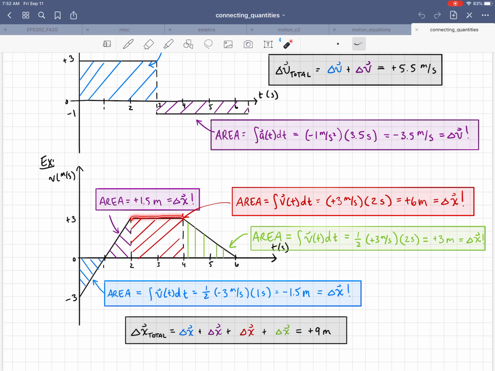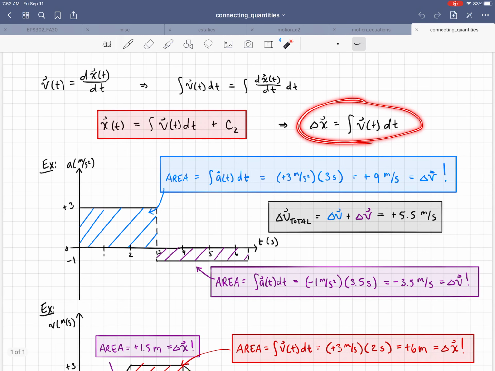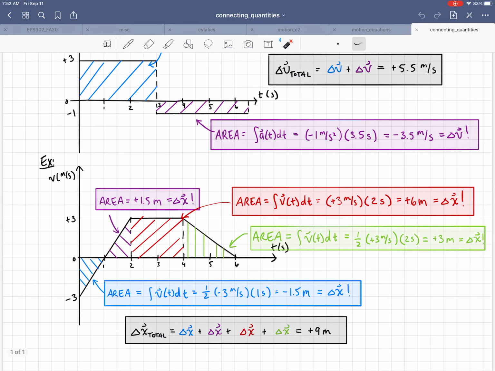Then the object travels at that constant velocity for 2 seconds. And then the object slows down until it reaches 0 velocity. And so if we want to leverage this expression, that the displacement of the object is equal to the integral of v dt, then we need to calculate the area of all of these regions.